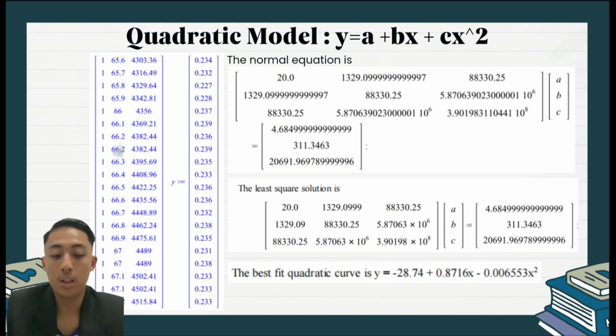Next, we also can get the least square solution by using the formula A transpose times A in brackets inverse times A transpose y. Then, the best fit quadratic curve is y equals negative 28.74 plus 0.8716x minus 0.006553x squared.